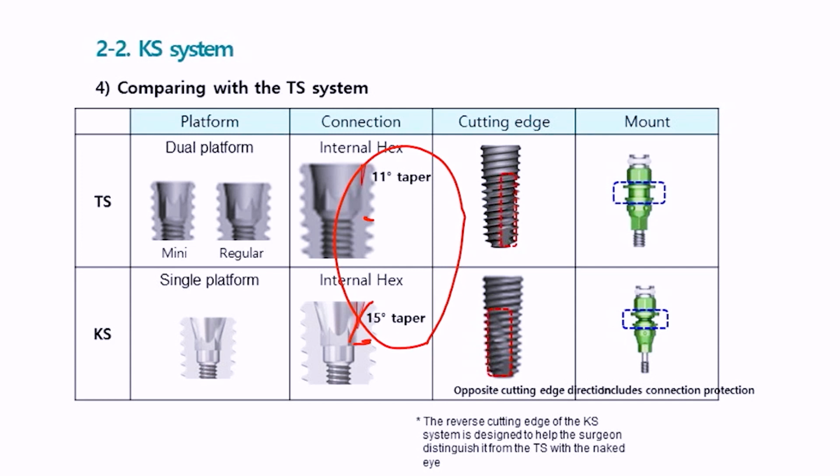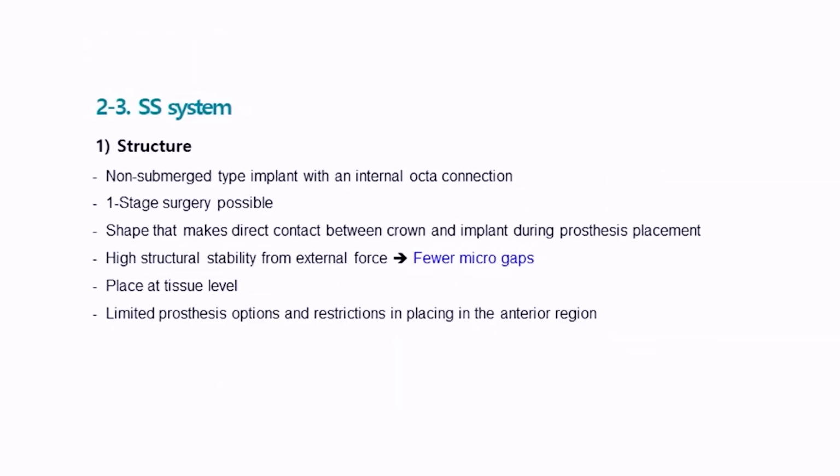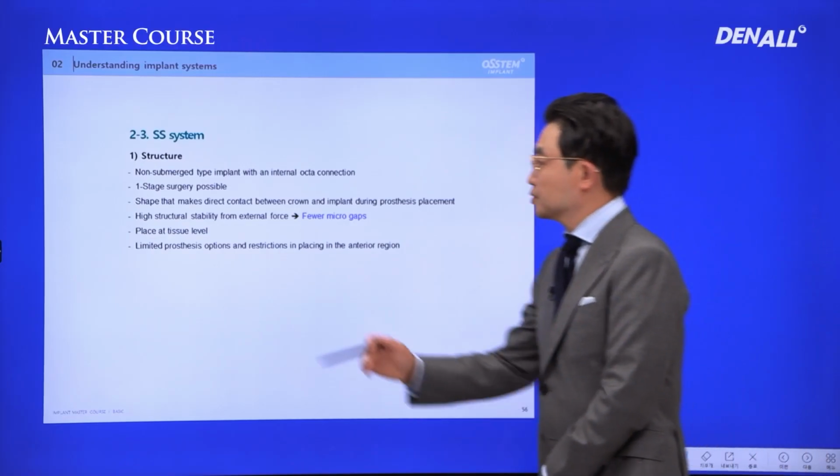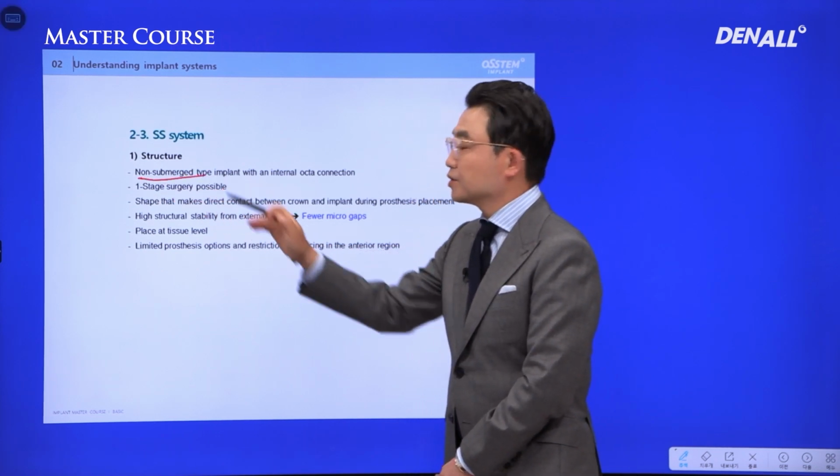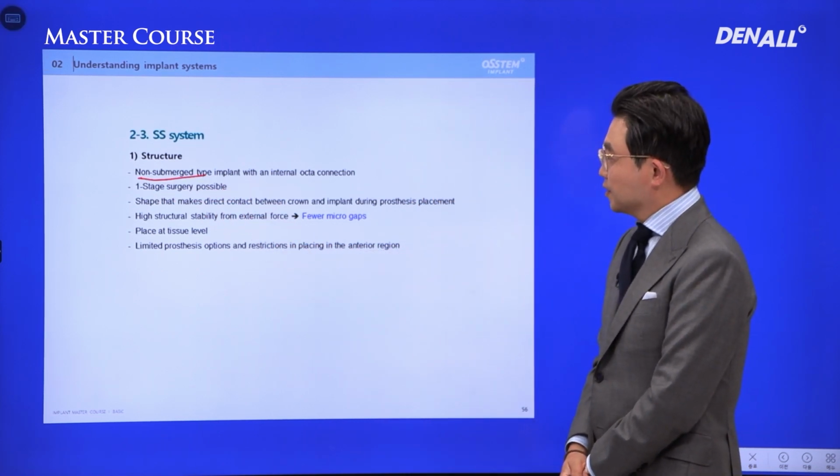For the SS system, personally, I actually prefer and like this system because the SS system basically has 1.8 to 0.84 height, so it cannot be submerged. It always needs to be non-submerged. So you can only do one-stage surgery.